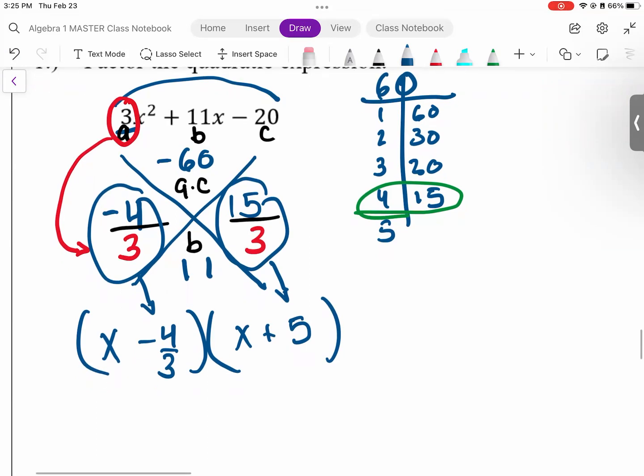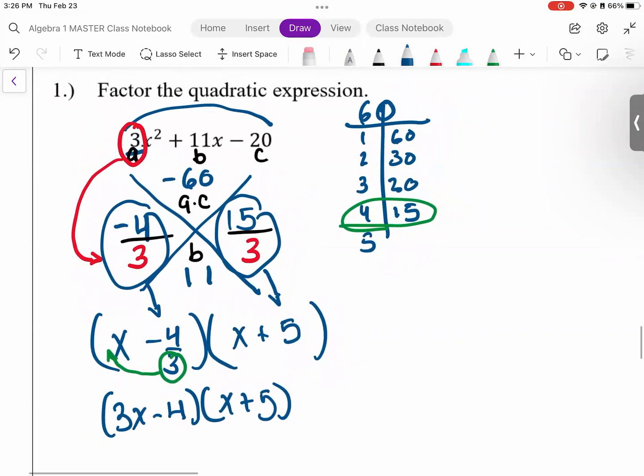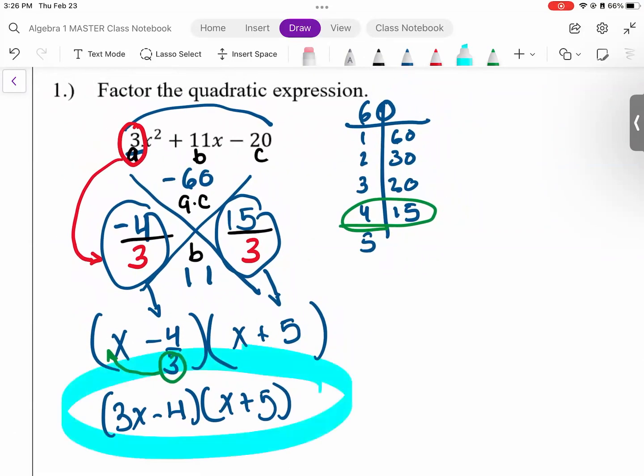And remember, if you ever end up with a fraction on one of the factors, we're simply going to move that fraction into the front. So now the answer is going to be 3x minus 4 times x plus 5. And that's the answer.